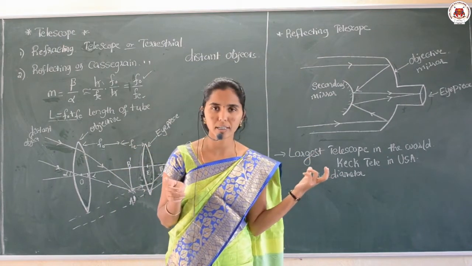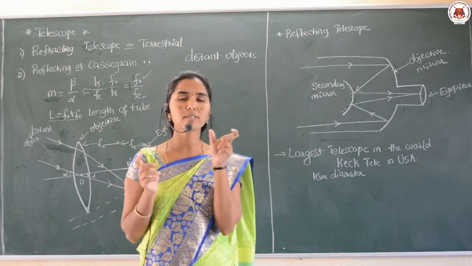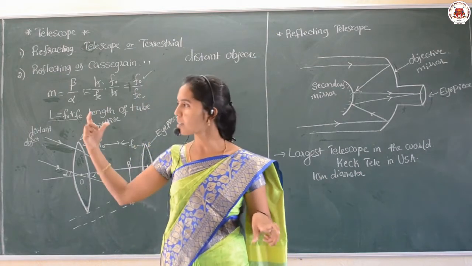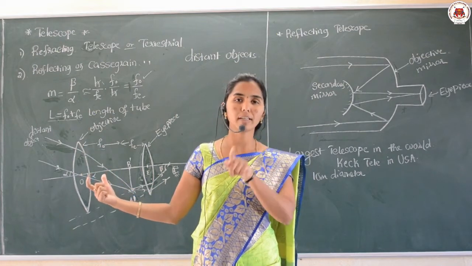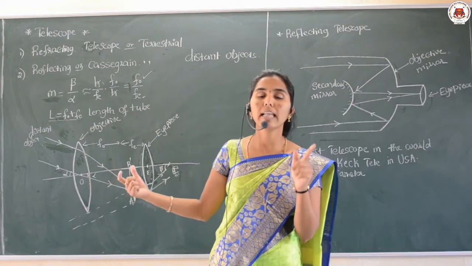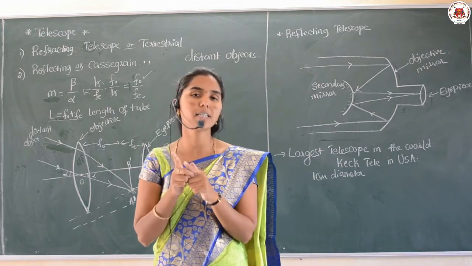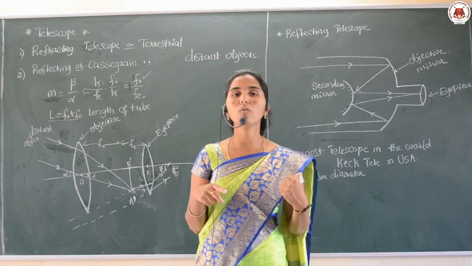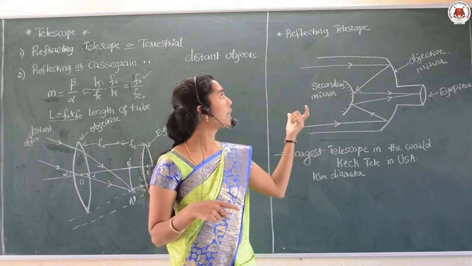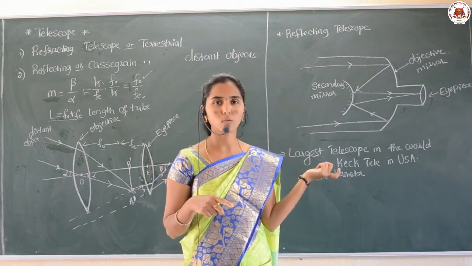Why are we focusing on reflecting here? The last one, what I explained, was a refracting telescope, where the light ray changes its direction, refraction is taking place. But now I am talking about a reflecting telescope.